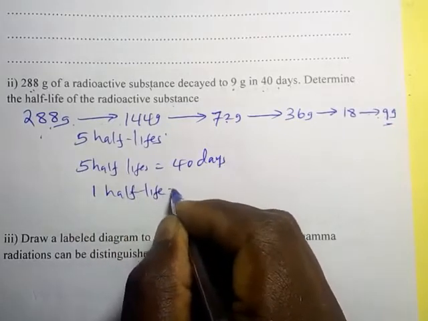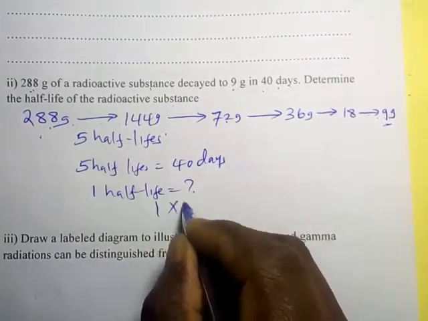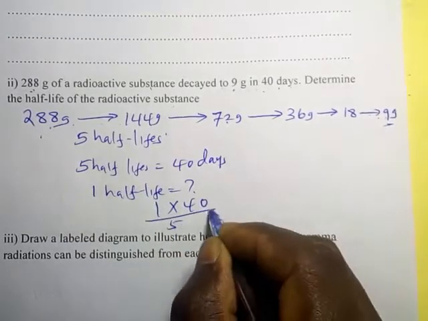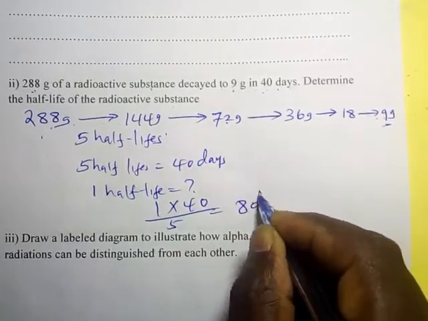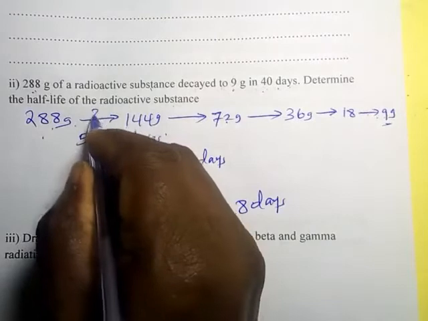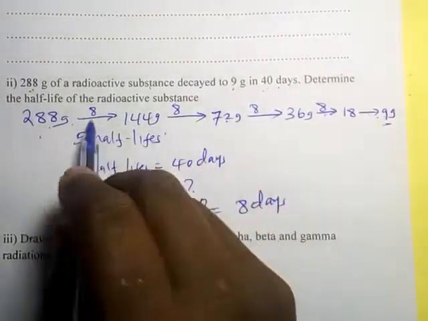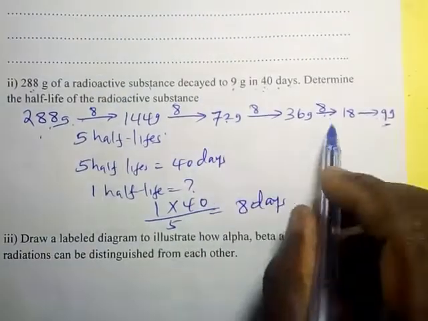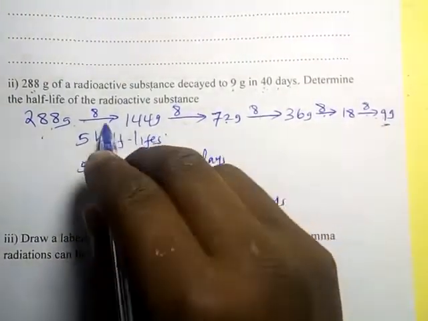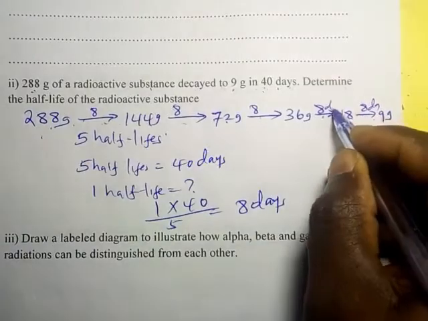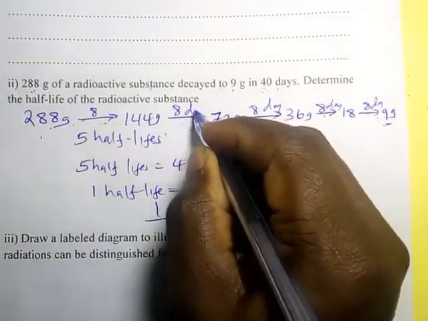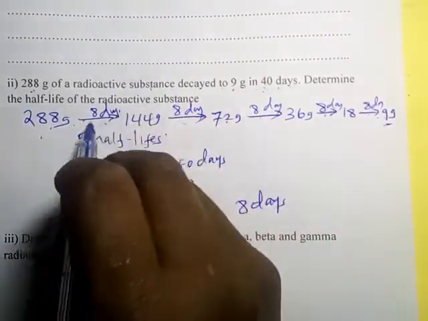One half-life will take 1 times 40 divided by 5, and this will give you 8 days. So 8 times 5 is 40. So 1 half-life is 8 days.